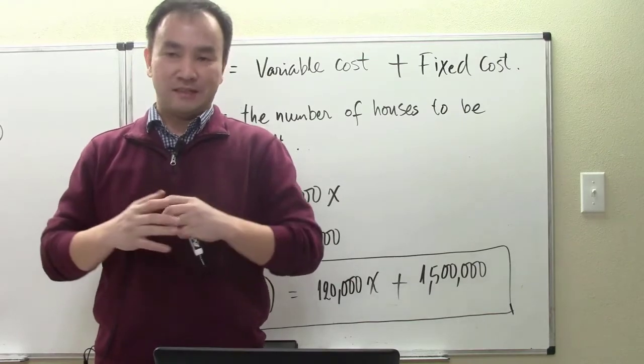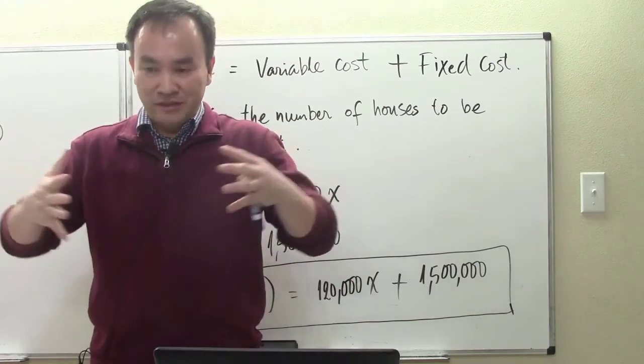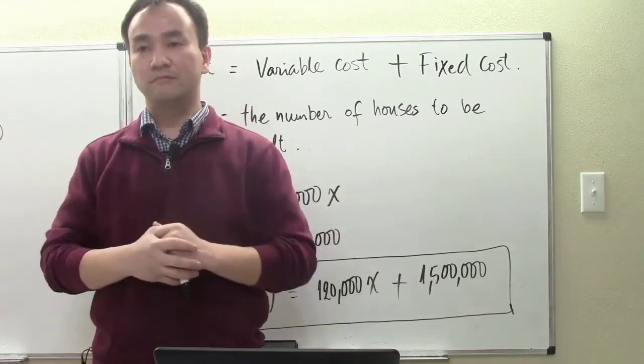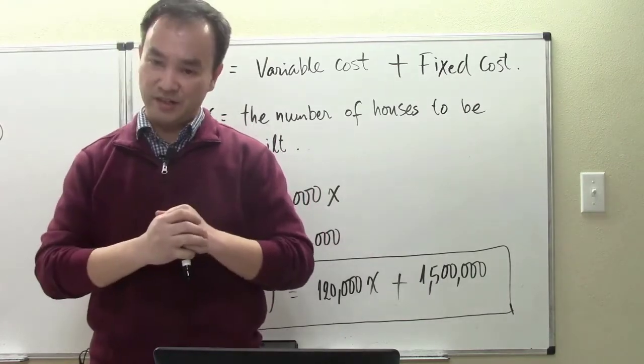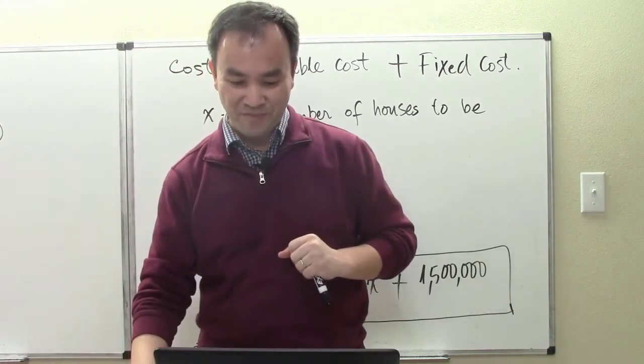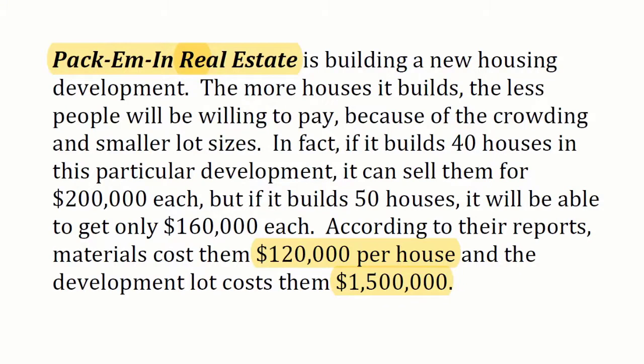But if you build too few houses, then there are other consequences, and that's why a lot of times, if you don't want to do these on your own, you hire professionals to observe the markets for us. Earlier I was saying we could hire a professional to decide for us whether it's a good location or not. All that cost is part of the fixed cost here.